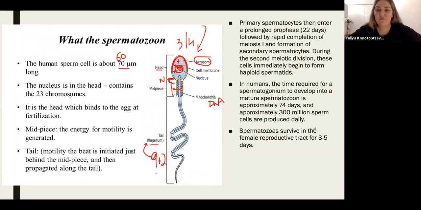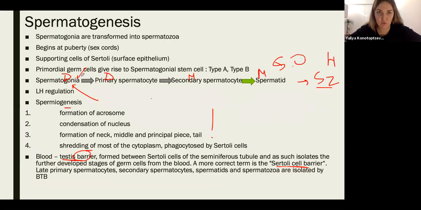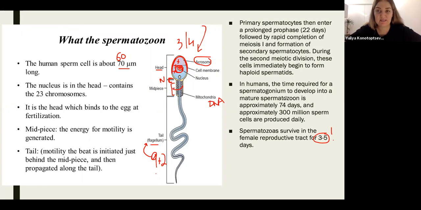Spermatozoa can survive in the female reproductive tract for 3 to 5 days, very important. The entire spermatogenesis from spermatogonia to spermatozoa takes approximately 74 days. Okay, so it takes around 74 days, the whole process.